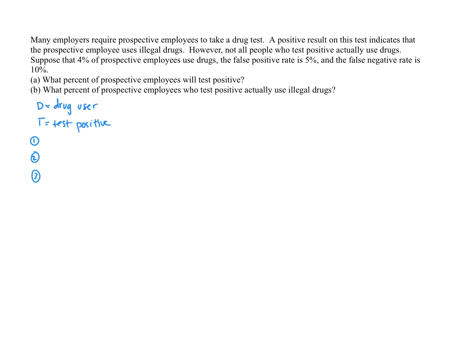Okay, the first one, it says 4% use drugs. So it should be the probability of using drugs is 0.04. False positive. A false positive would be we got a positive result and it was wrong. If we got a positive result, what is the correct event that is matched with that?